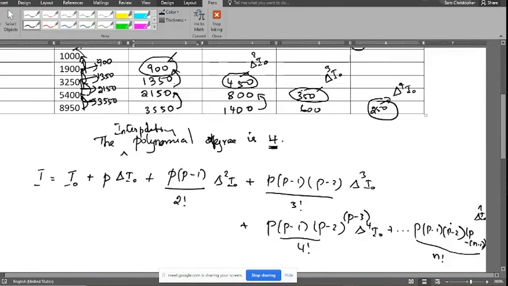This is the actual formula. Here n is 4, so you have to stop at 4.